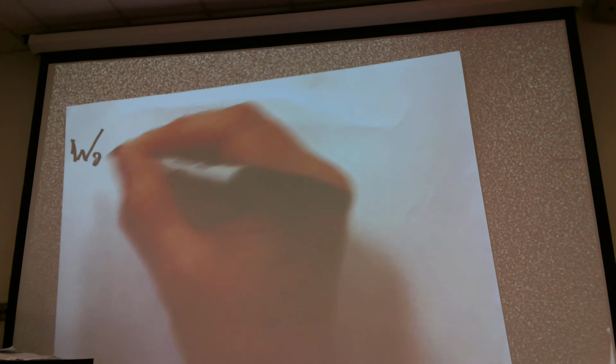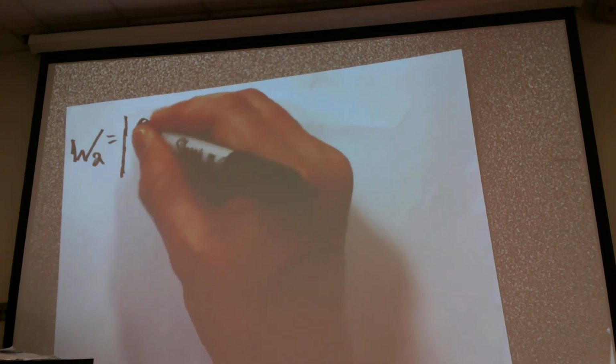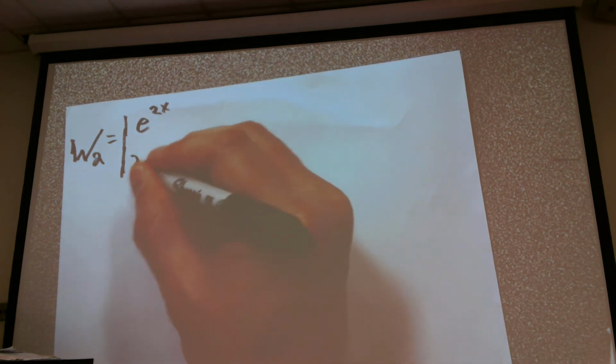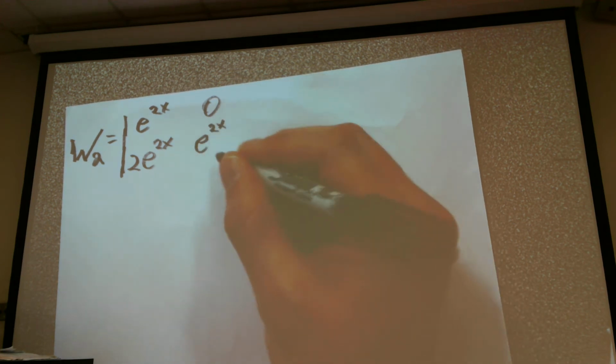Now W2. This is e to the 2x and 2 e to the 2x and 0, and this is e to the 2x divided by x.